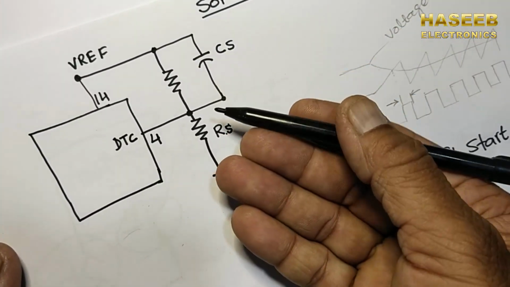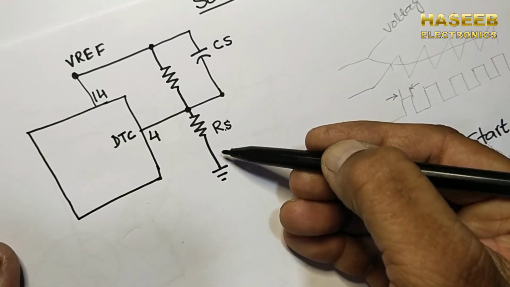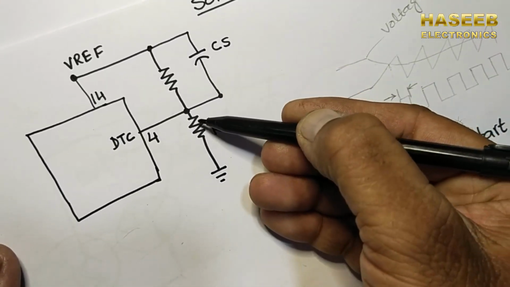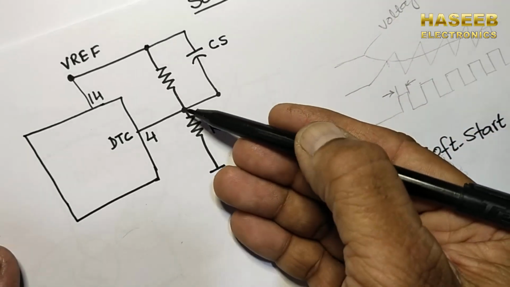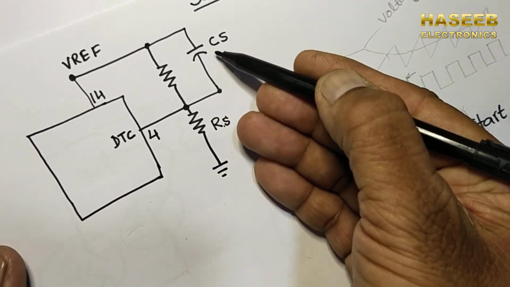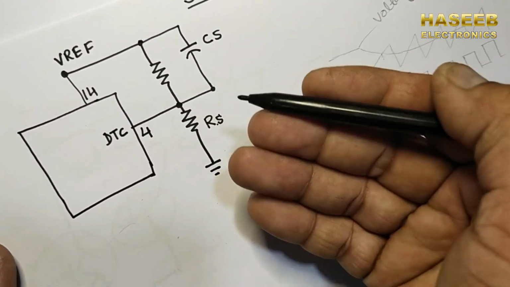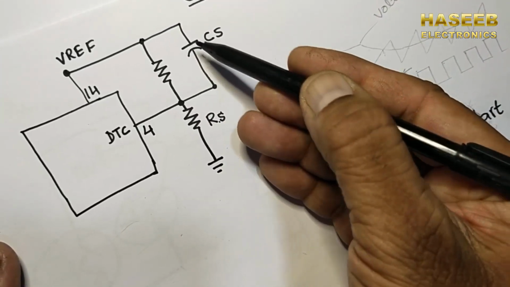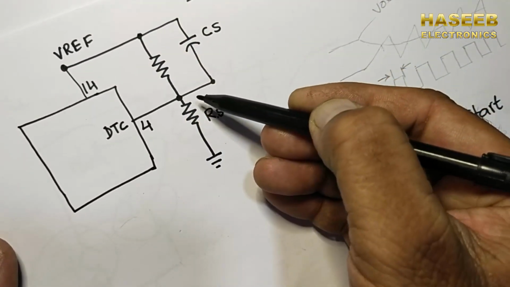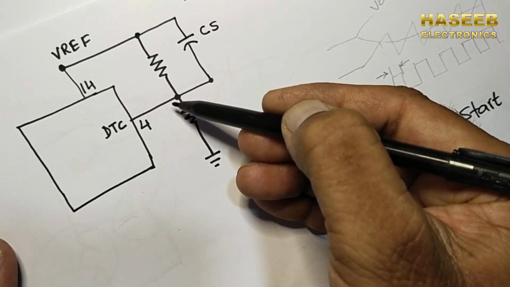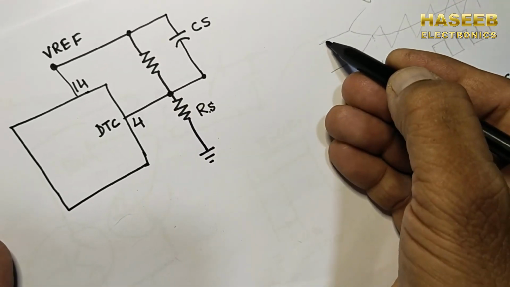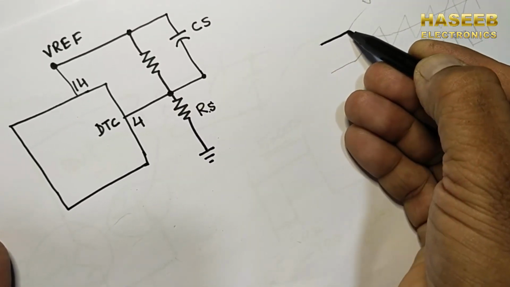When it starts charging through this resistor, the voltage across this capacitor increases, and this pin will drop. When this capacitor is working as a short circuit, 5 volts will be applied at pin number 4, so this pin will be monitored as high.